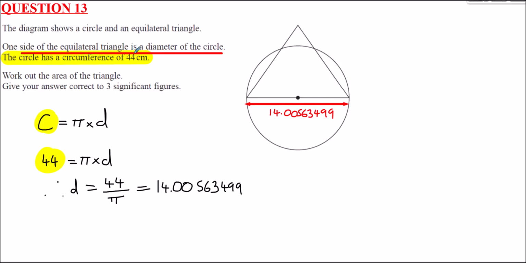So what I need is its base, which fair enough I've got, but I need to work out its height as well. I know it's an equilateral triangle, yeah? So each angle here will be 180 divided by 3. Each angle, each corner is going to be 60 degrees.